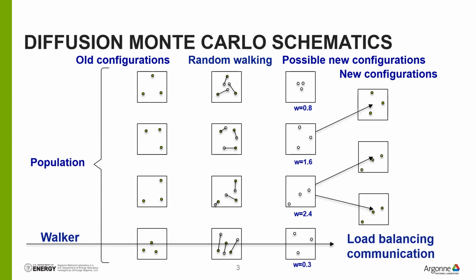Then, based on the weight, some Walker has light weight, some Walker has heavier weight, represented in statistics. So you do a load balance, killing all the small weight ones and duplicate the large weight ones, making sure the population is stable. Basically what we are doing that.